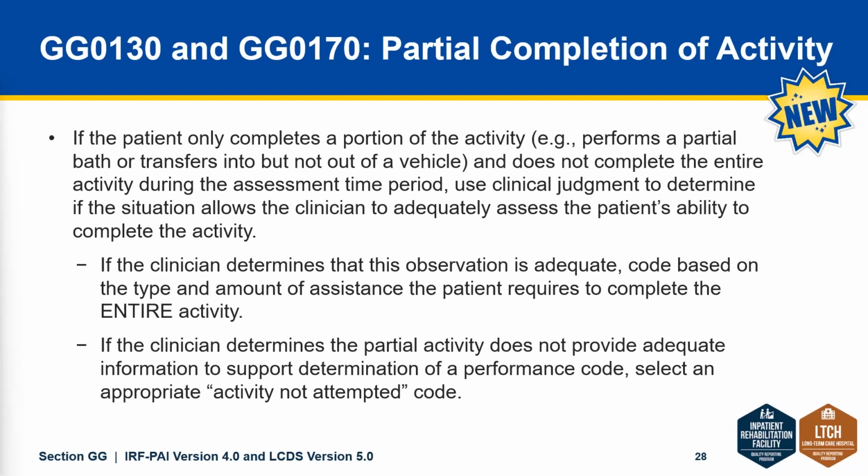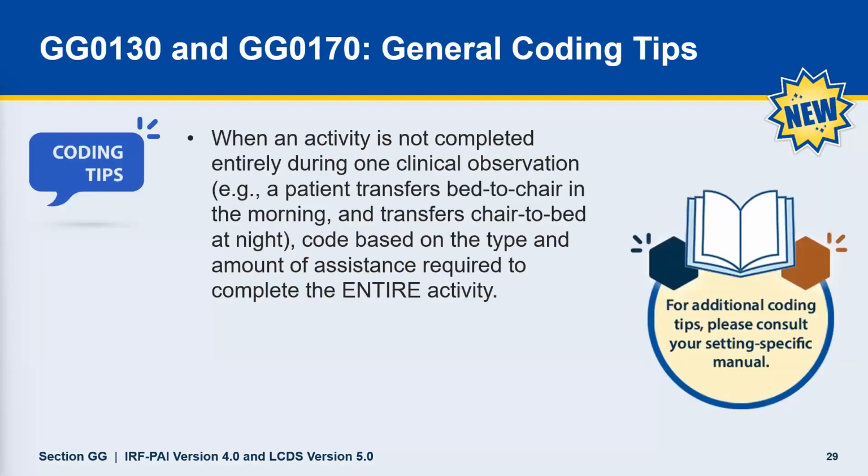However, if the clinician doesn't feel like the observation of the partial activity provided adequate information to support a performance code, and the rest of the activity performance code couldn't be determined from other assessment strategies, then the clinician would select the appropriate activity not attempted code. This being said, if an activity is not entirely completed during one clinical observation, the code selected should still report the patient's ability to complete an entire activity.